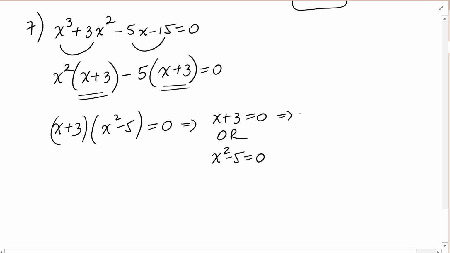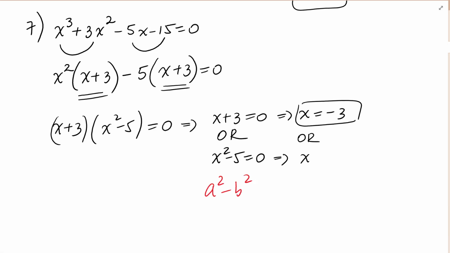So this means x plus 3 equals 0, or x squared minus 5 equals 0. So x equals negative 3, or x squared minus 5. Well, we can factor this again using a squared minus b squared, but in this case we have x to the second minus square root of 5 to the second.